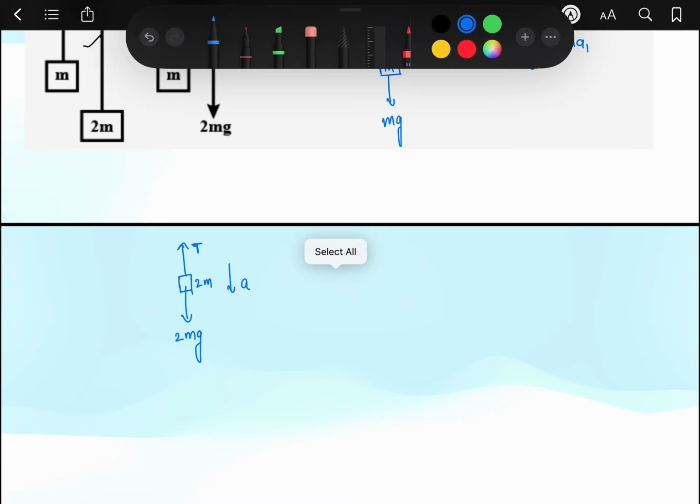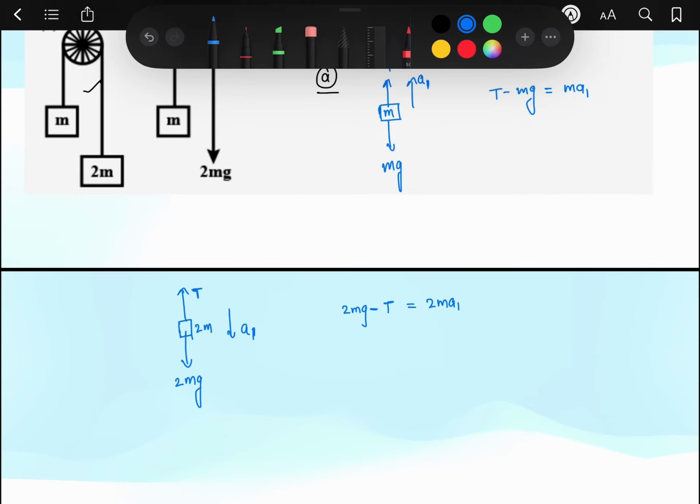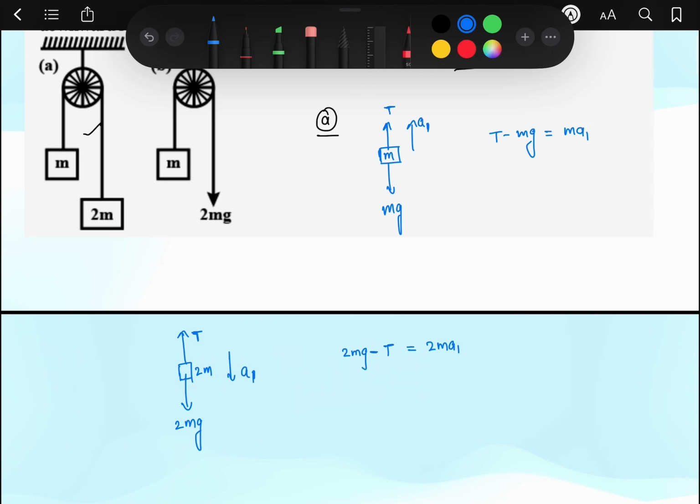Now writing the equation of motion for this body, it will be 2mg minus T equal to 2m into a1. This acceleration will be the same for both the blocks in case A, so I write a1. Let us suppose this is equation number 1 and this is equation number 2 in case A.